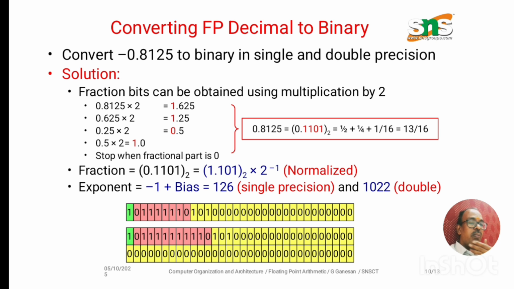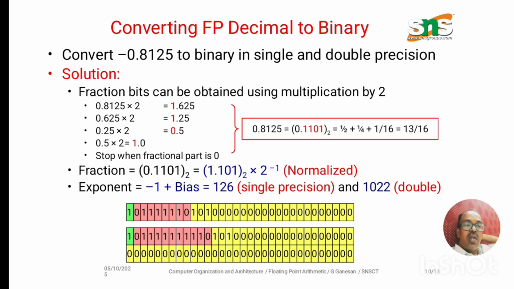Here we learn how to convert a floating point decimal number into a binary floating point number. It's very simple. For example, one example is given here, 0.8125.